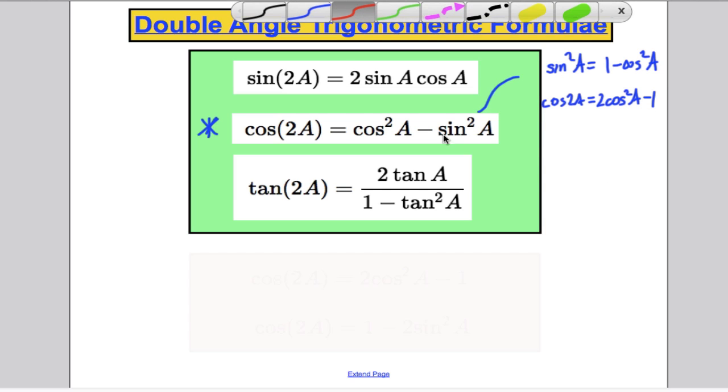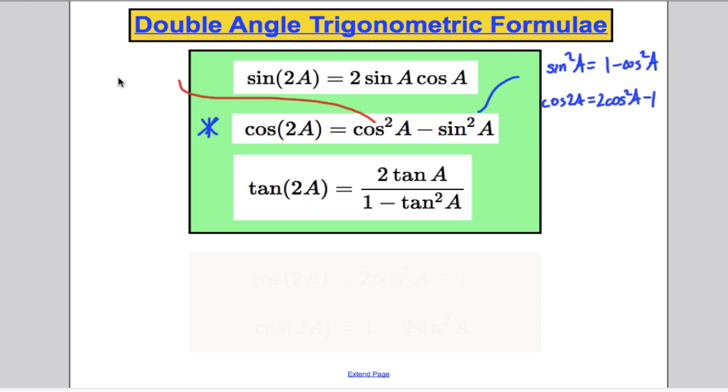And on the other hand, if we instead substituted for cos squared a, because we know cos squared a is 1 minus sine squared a, then if we substituted 1 minus sine squared in instead of cos squared a, we would get the identity cos 2a is equal to 1 minus 2 sine squared a.